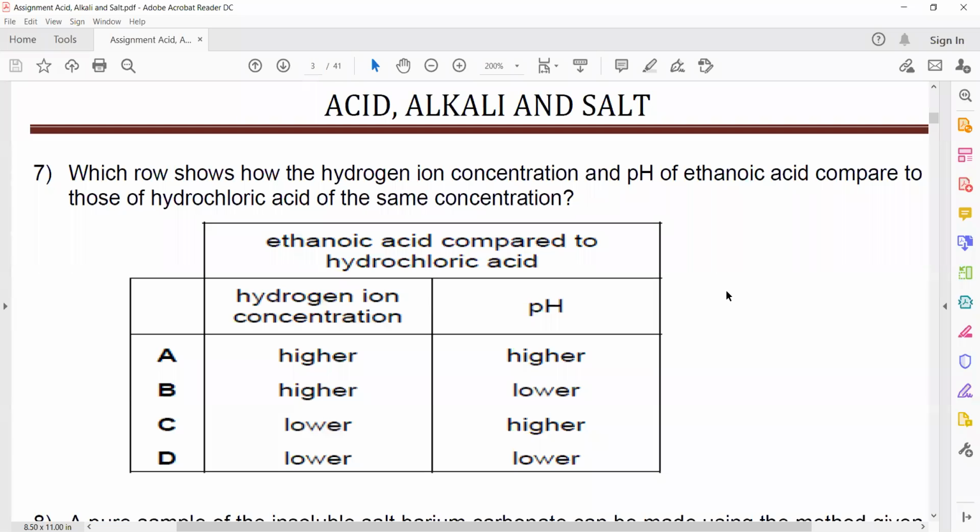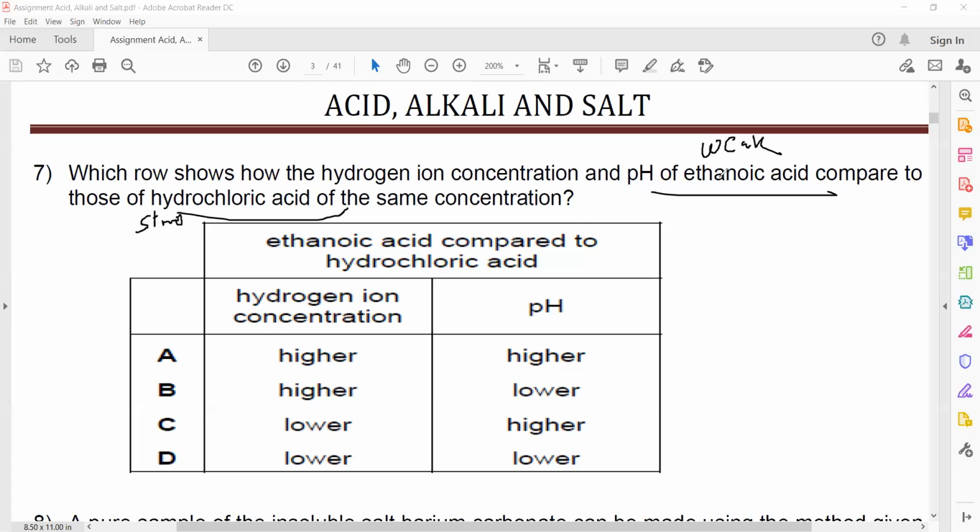Now, which row shows how the hydrogen ion concentration and pH of ethanoic acid compare to hydrochloric acid? Ethanoic acid is a weak acid and hydrochloric acid is a strong acid. So ethanoic acid compared to hydrochloric acid, will the hydrogen ions be more or less?